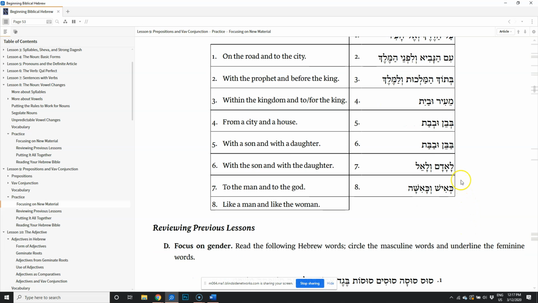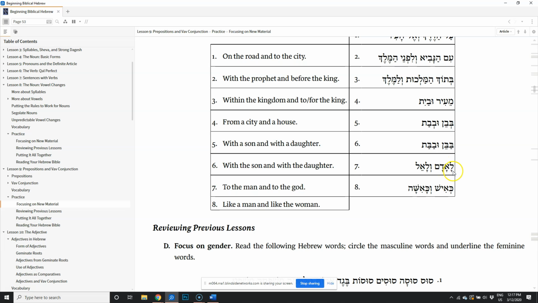And then down here, number 7, we have La Adam. All right, so let's look at La Adam here. It's not Lamed Shava, it's Lamed Kametz. Well, why would we have a Kametz here? Well, if we take off the Lamed and we put a Hey in there for the definite article, we see that we have the Kametz because Aleph doesn't take a Dagesh, which the definite article wants to put here.